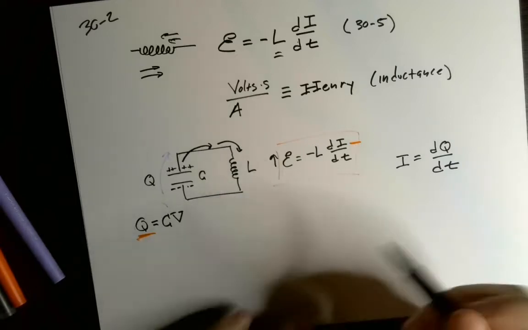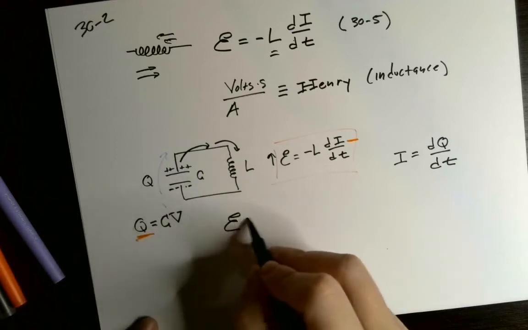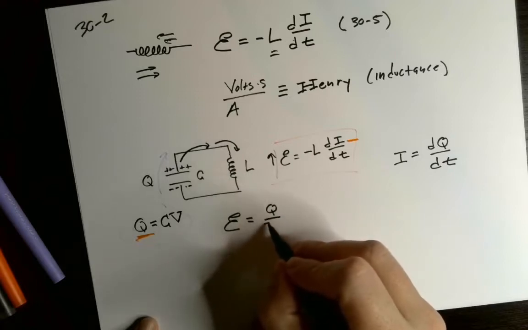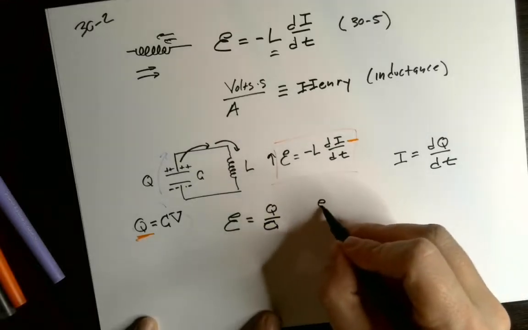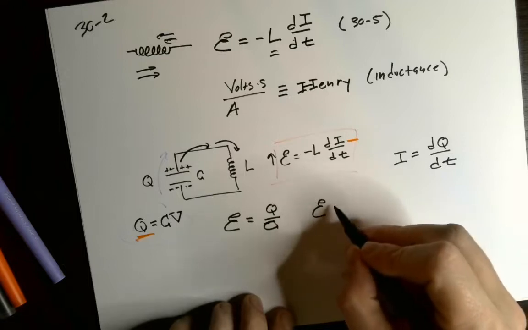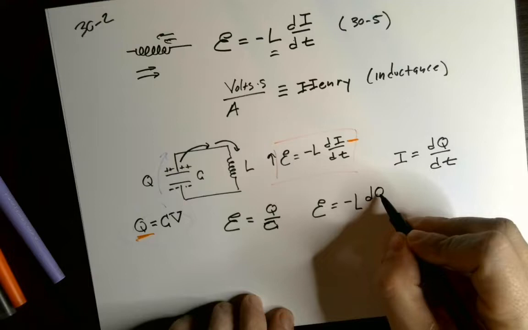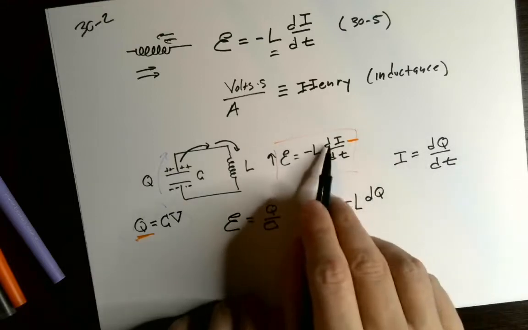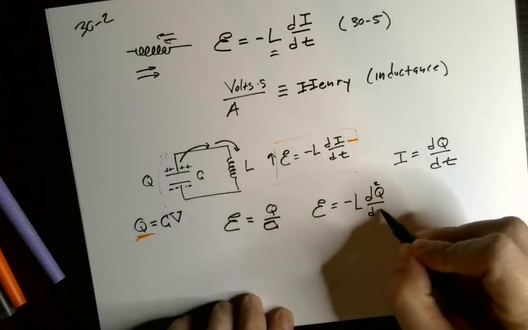So if we combine these two equations, the EMF generated by the capacitor is going to be equal to Q over C, where C is the capacitance of the capacitor. And the EMF in the opposite direction produced by the inductor is going to be equal to minus L dI/dt, but I is dQ/dt, so dI/dt is d squared Q over dt squared.